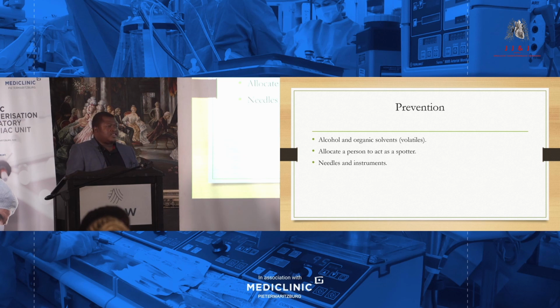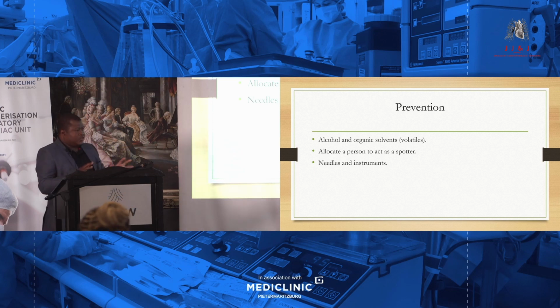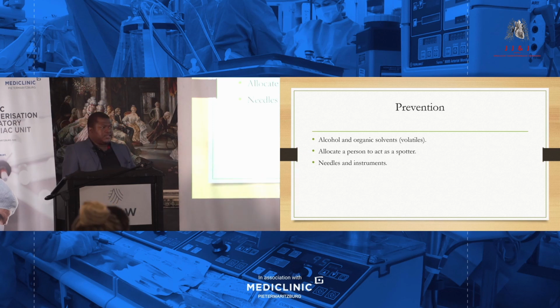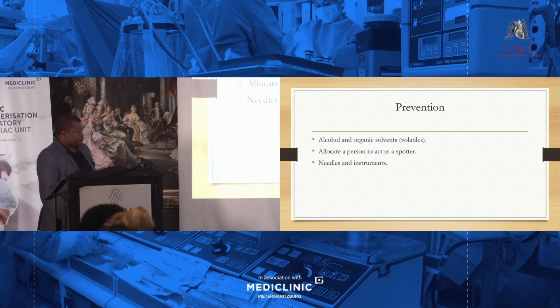If, let's say, a tap opens, that person can sort it out immediately. Or any breach whatsoever, that person can be responsible for that. And then needles and instruments. It's important in ICU, if there's an ECMO system there, to handle those things with care, because they can rupture the system. Next slide.